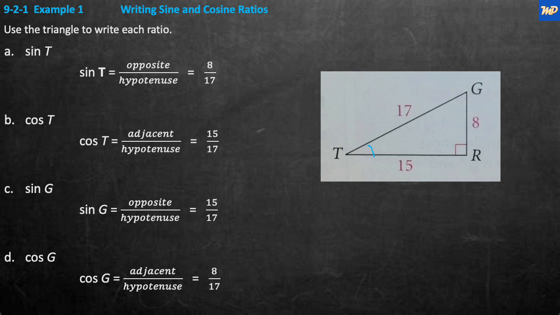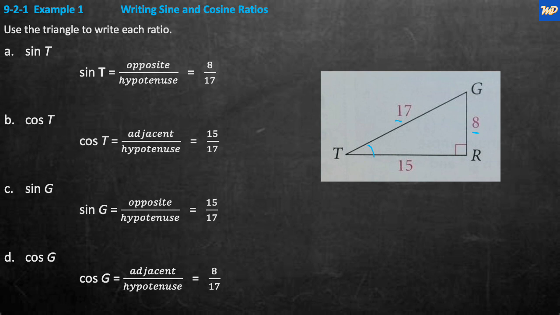The opposite is the side with the length 8, and the hypotenuse is 17. So 8 divided by 17 is the sine of angle T.